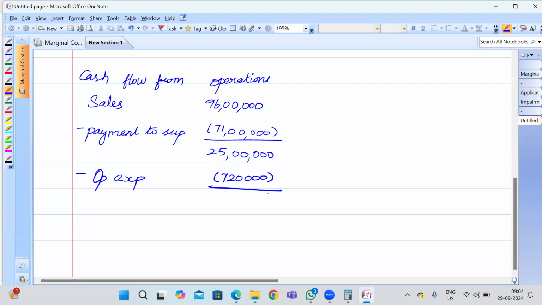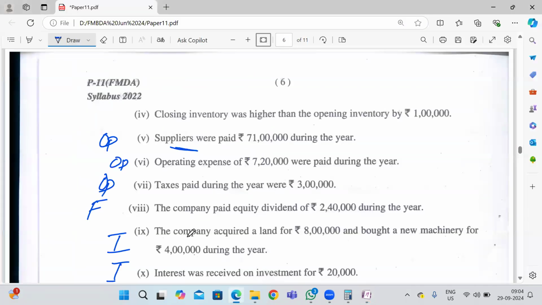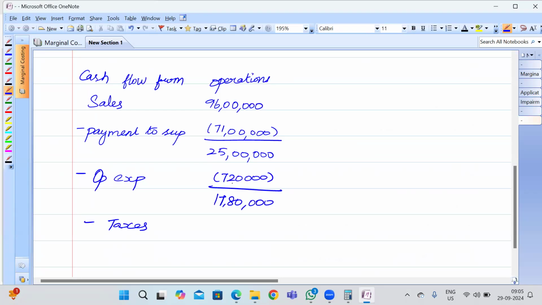So I will be getting 17 lakh 80,000. Here I want to reduce my taxes. I have paid taxes of around 3 lakhs. So together 14 lakh 80,000. This is cash flow after taxes.